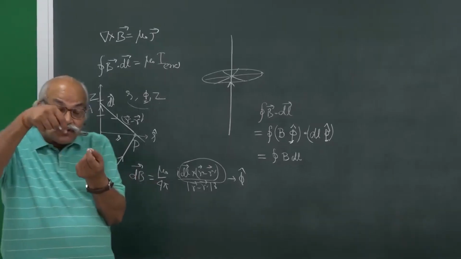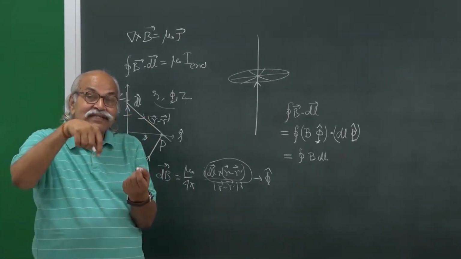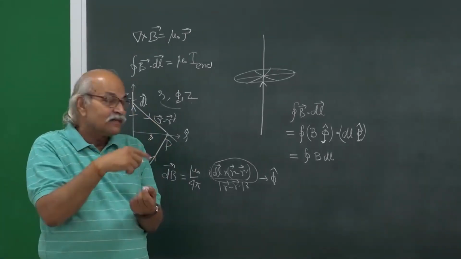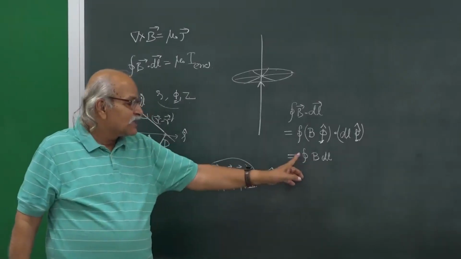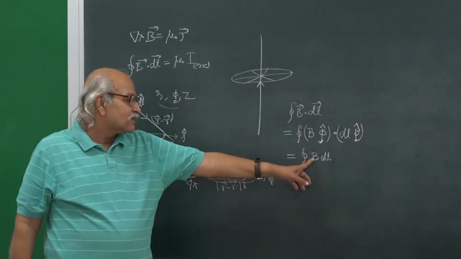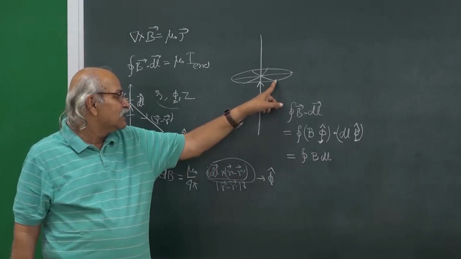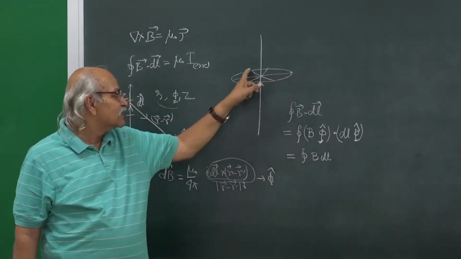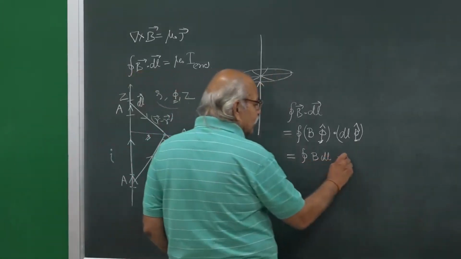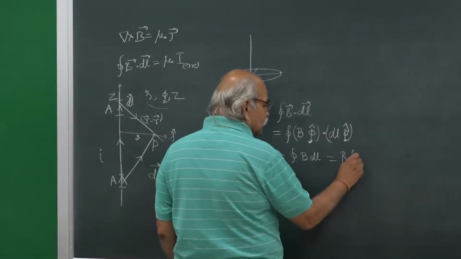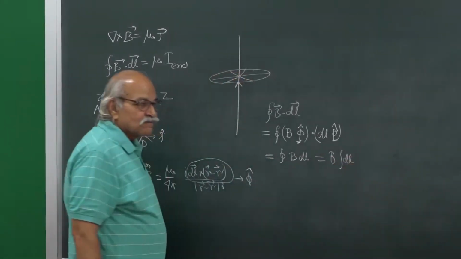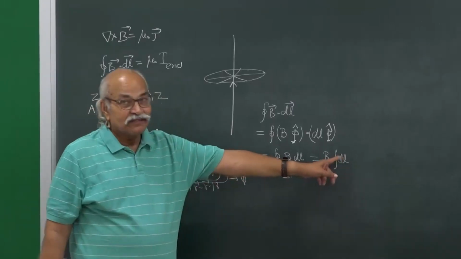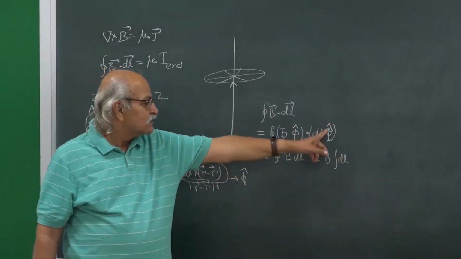Now the magnitude of B is the same everywhere on this circle, and therefore I can take it out of the integration. It is constant, it does not change. So this is B times the integral of dl, and remember this is the magnitude dl, since we have already taken the direction.